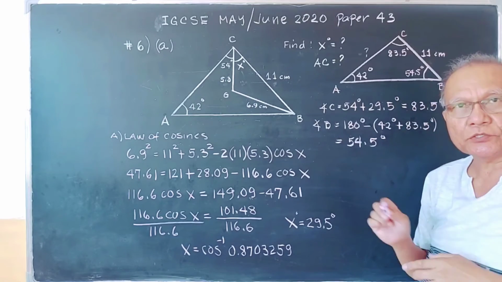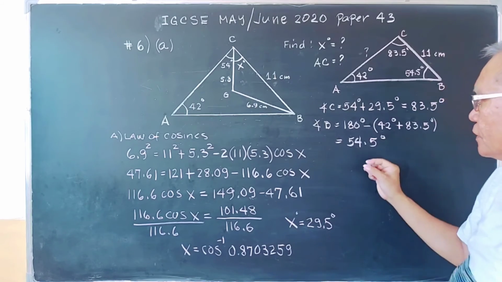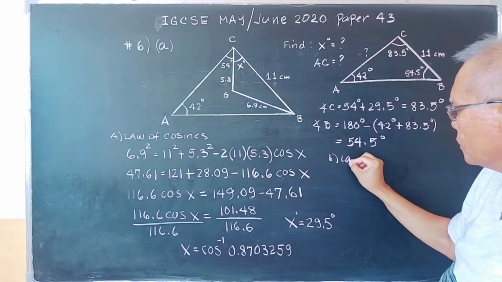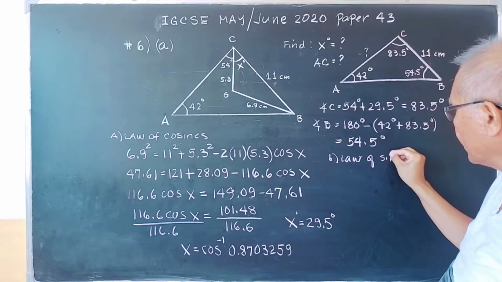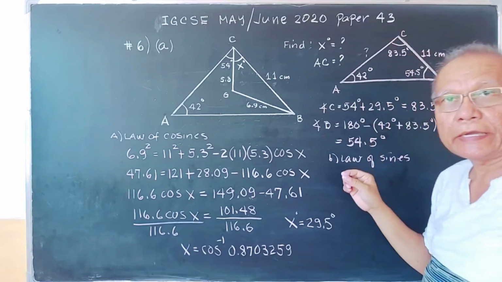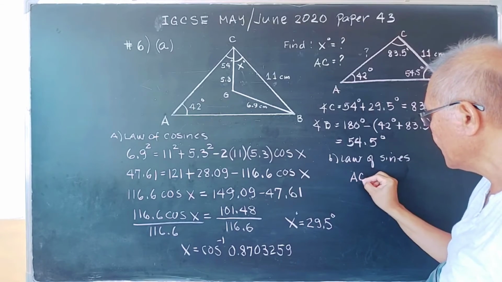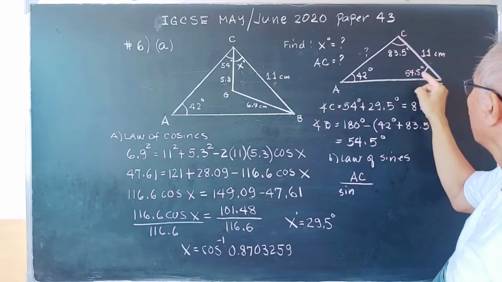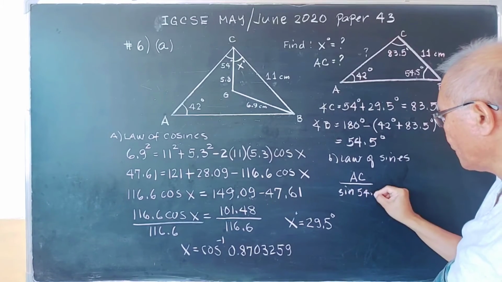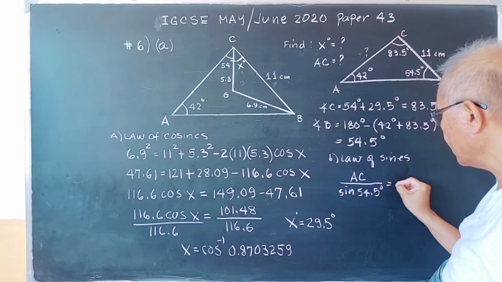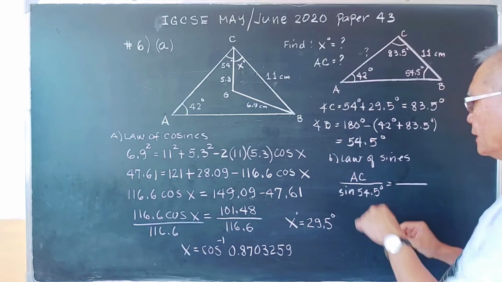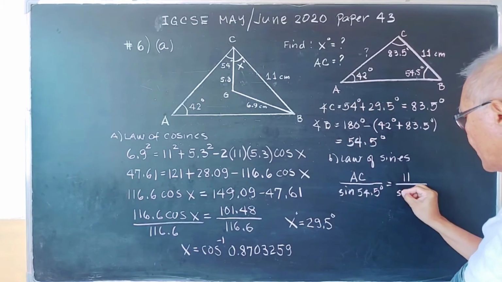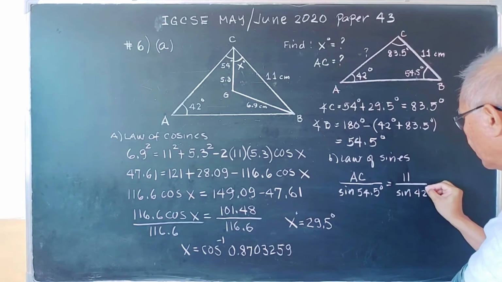Okay, so we can use the law of sines now. For the law of sines, we have AC, the side, over the sine of its opposite angle, 54.5 degrees, is equal to the given side, 11, over the sine of 42 degrees.